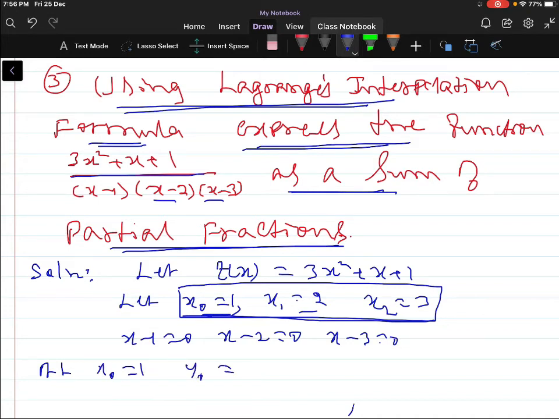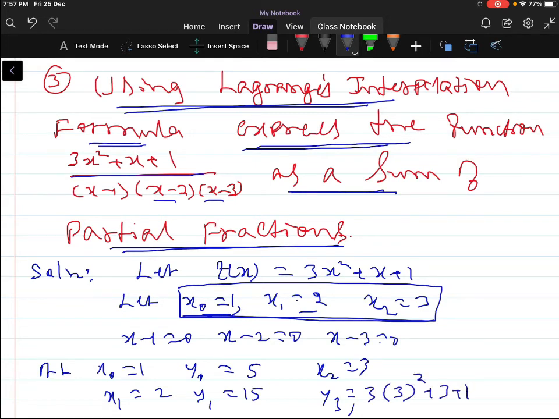Now let us establish the f of x values. At x0 equal to 1, y0 or f of x0 is 3 into 1 square plus 1 plus 1, that is 5. When x1 is equal to 2, y1 is 3 into 2 square plus 2 plus 1: 2 square is 4, 4 into 3 is 12, plus 2 is 14, plus 1, that is 15.